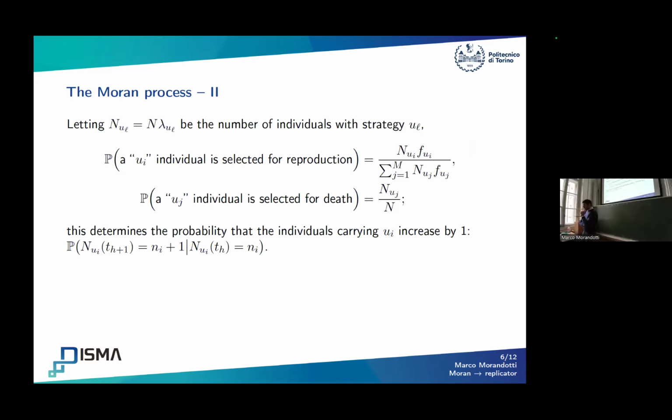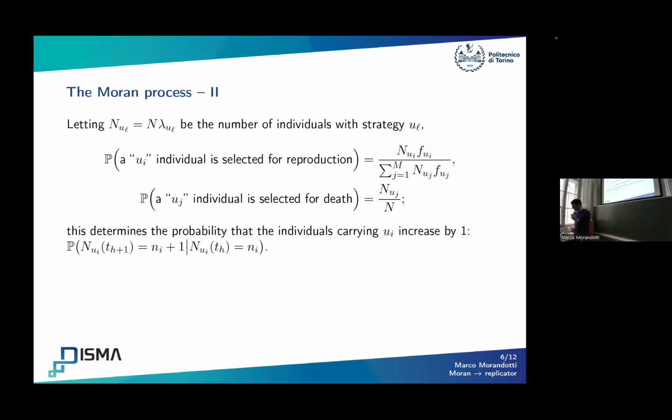So let's look closer a little bit at the dynamics. I want to see what's the probability of selecting agents with a given strategy. So it's written down there basically. So the probability that an agent carrying strategy UI is selected for reproduction is given by that expression.